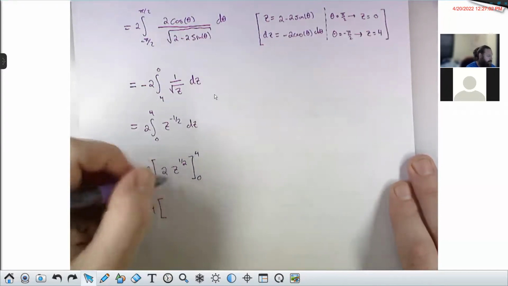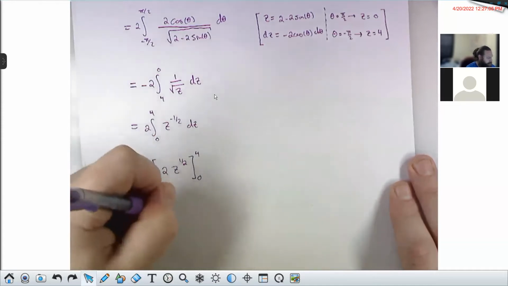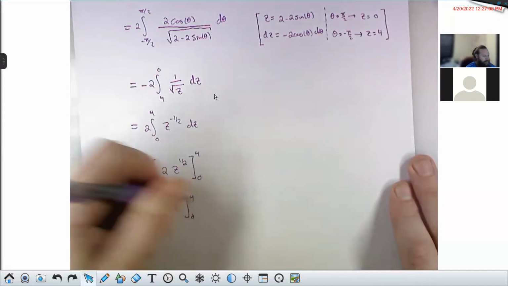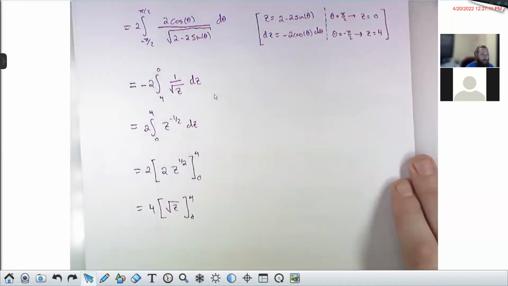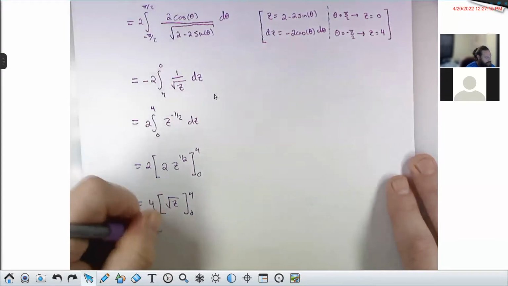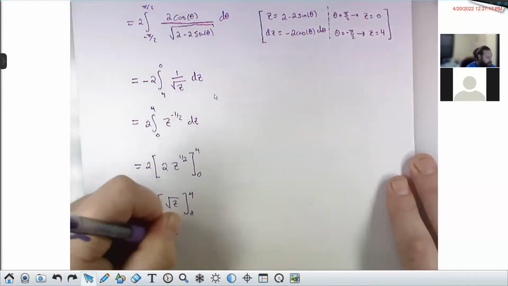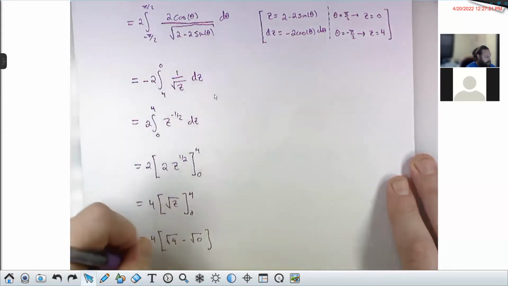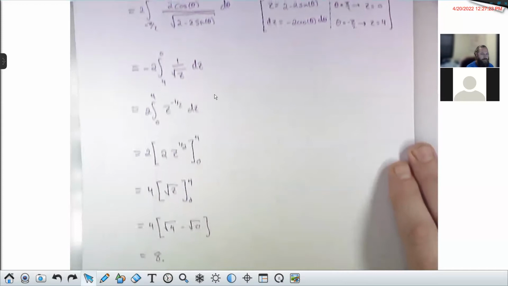And then z to the 1/2 is the square root of z, evaluated from 0 to 4. Which is 4 times the square root of 4 minus the square root of 0, which is 4 times 2, or 8.